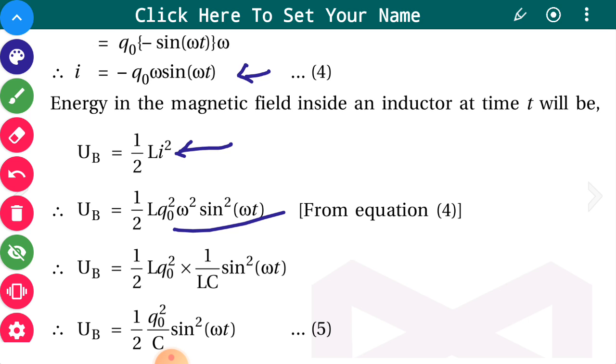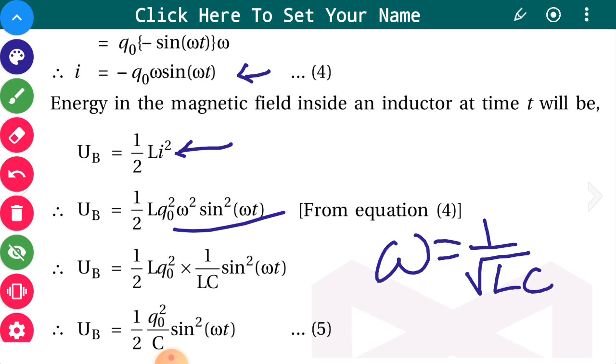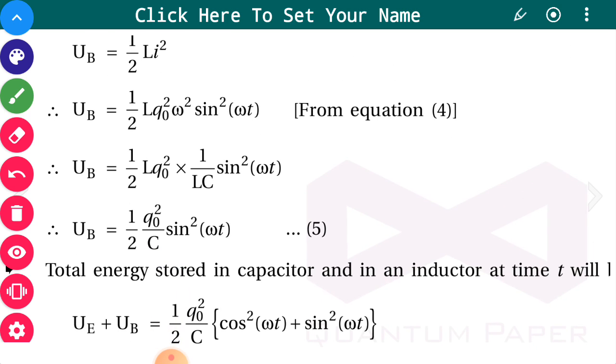As you know, resonant frequency omega is 1 upon under root LC, and if you place this value here instead of omega, then it becomes 1 upon LC, and if you simplify, this L will be cancelled out, and you will get 1 by 2 q0 square upon C sin square omega t.